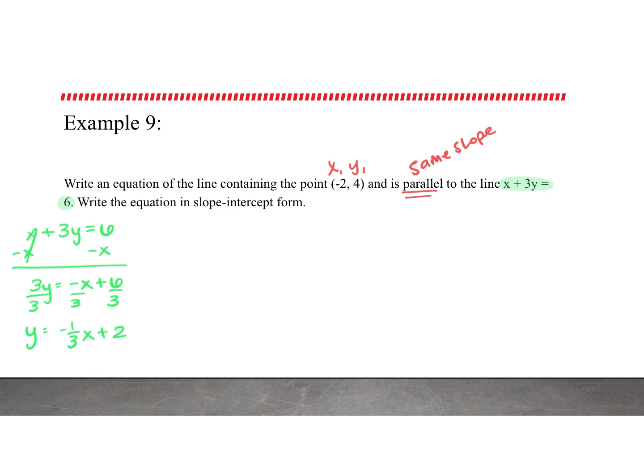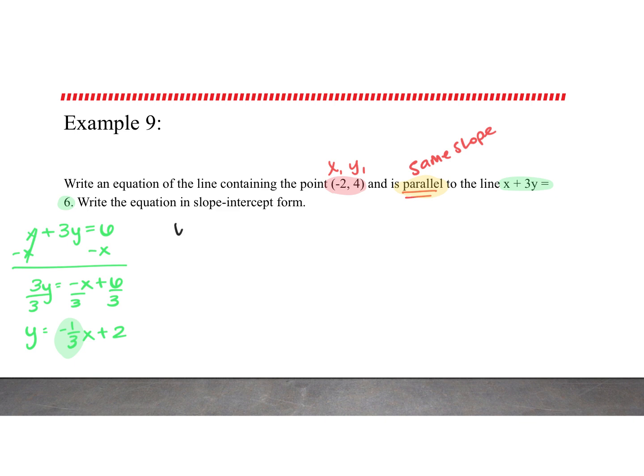And then once we have it in y equals form, we're going to pull off the slope. So in this case, it is the slope -1/3. And we have the ordered pair, -2, 4. And again, because it is parallel, we are going to use -1/3 as it is.